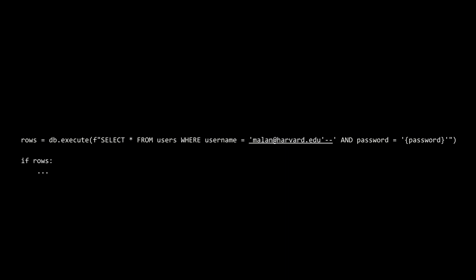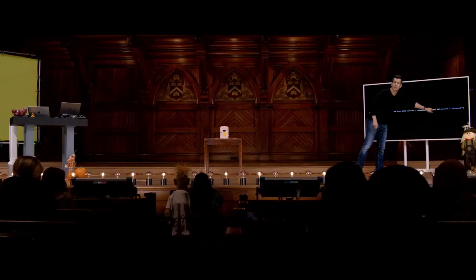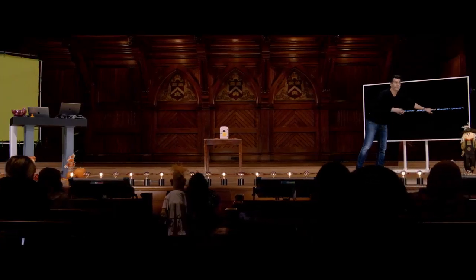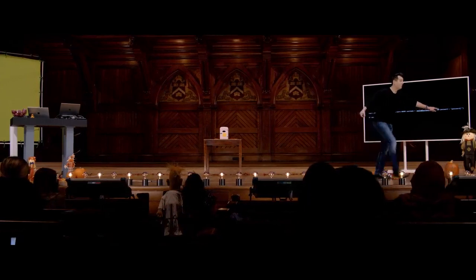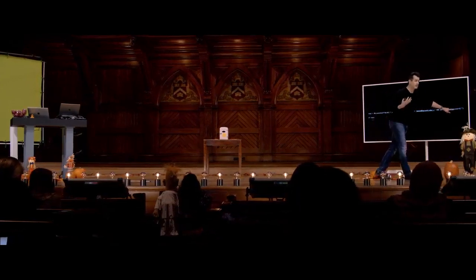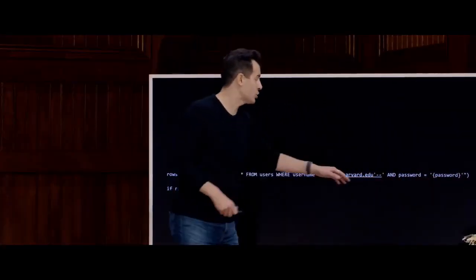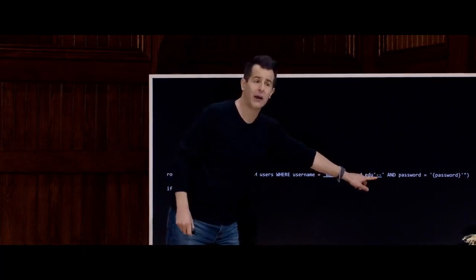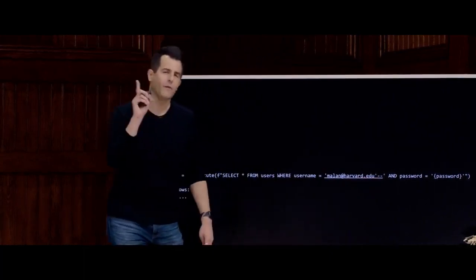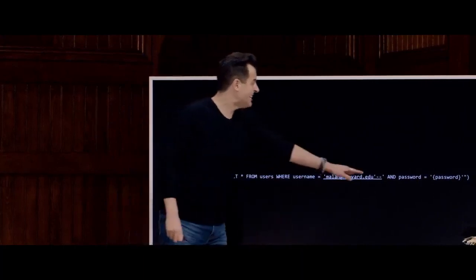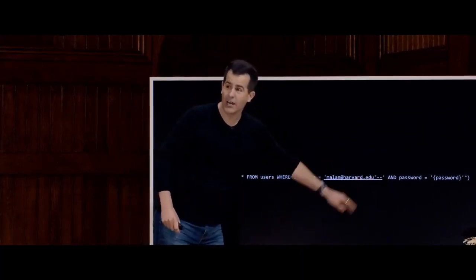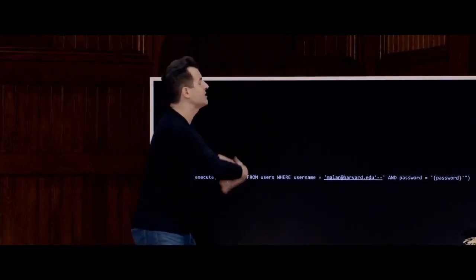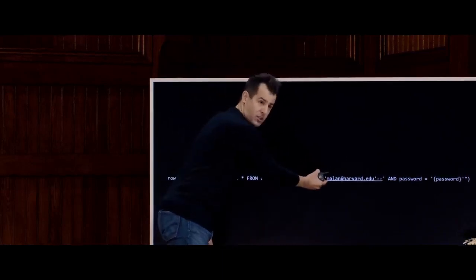What's the implication, though, of the --? Everything to the right is going to be ignored. So the password is never even checked in this scenario. I'm tricking the server into ignoring everything after the -- but I have constructed very cleverly, very maliciously, a syntactically valid query. Why? Because I provided the single quote that's going to finish the thought of that first single quote.